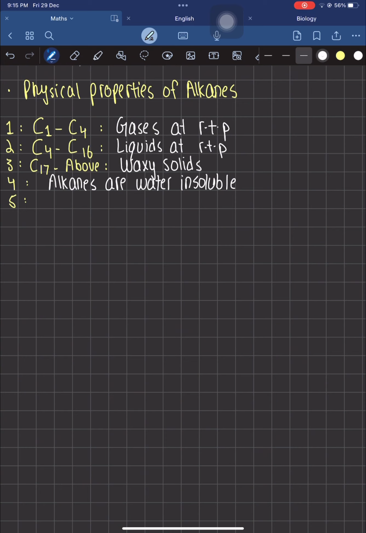You guessed it right, they are soluble in organic compounds.